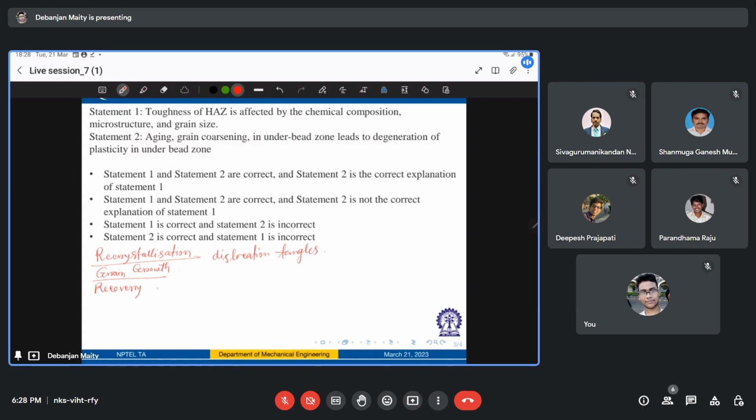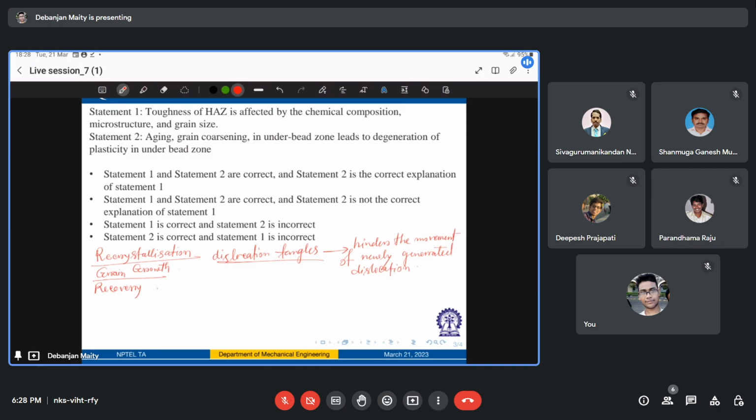And such dislocation tangles hinder the movement of newly generated dislocations, right? So in the forming process, in this way, a metal is strengthened or hardened by cold working.